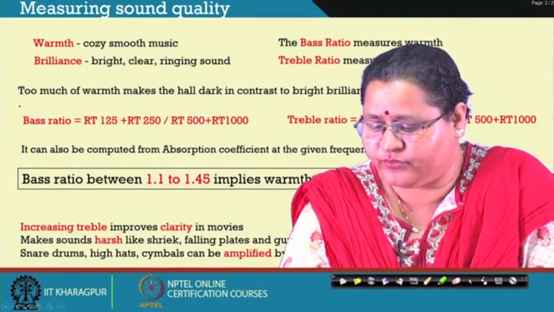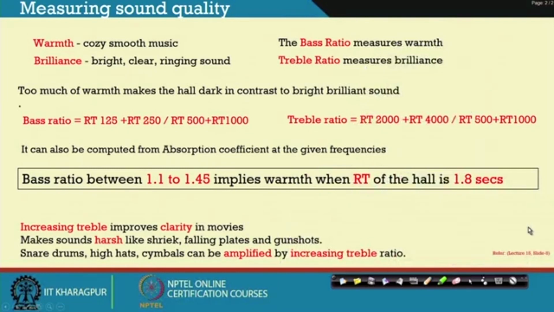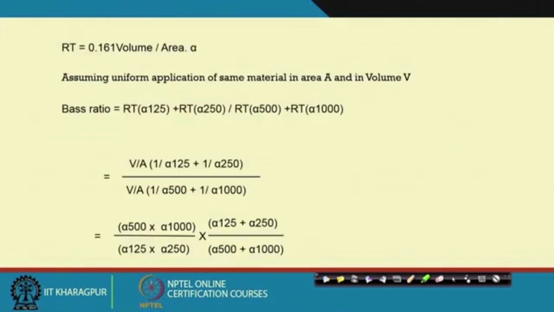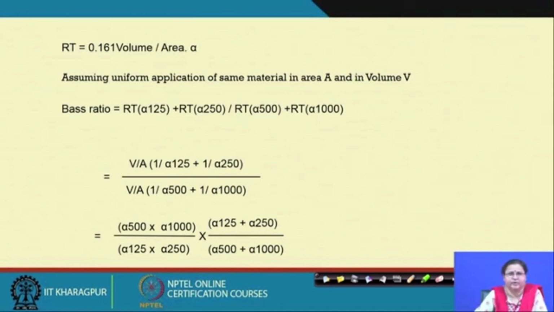You can refer to lecture 15 slide 8 to get some information on the reverberation time and the values. As we all know, the reverberation time formula is 0.16 V divided by the total absorption. We can represent the bass ratio in terms of reverberation time as alpha 125 and alpha 250 divided by alpha 500 and alpha 1000.